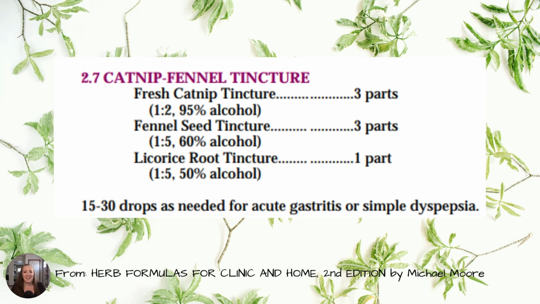You would then just take 3 parts of your catnip tincture, 3 parts of your fennel tincture, and 1 part of your licorice root tincture. Mix that all in a bottle, and you could use that for acute gastritis or simple dyspepsia.